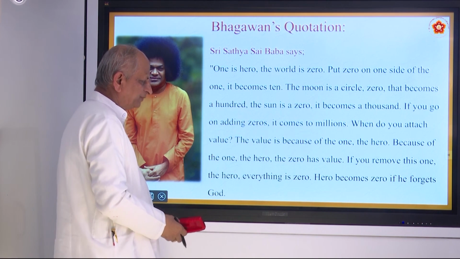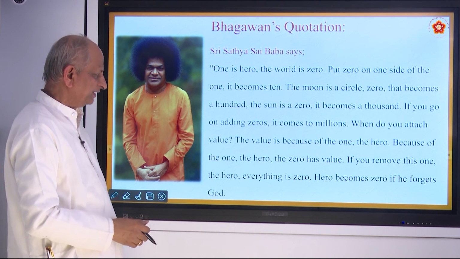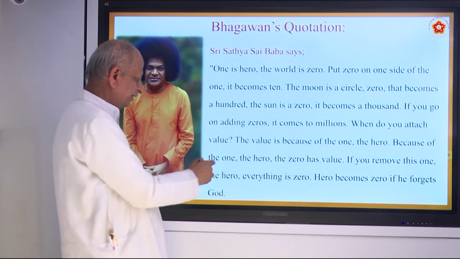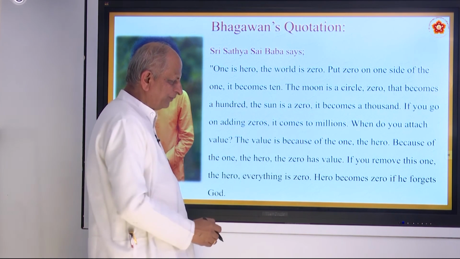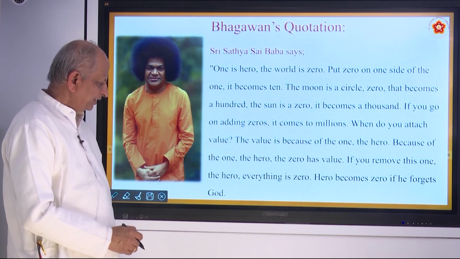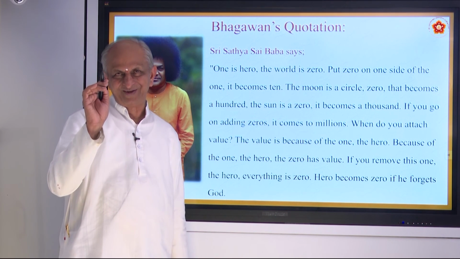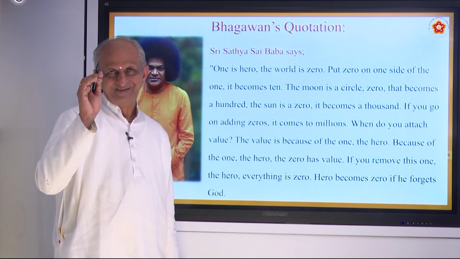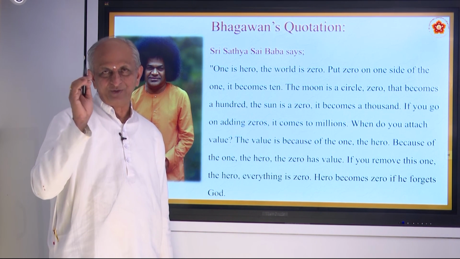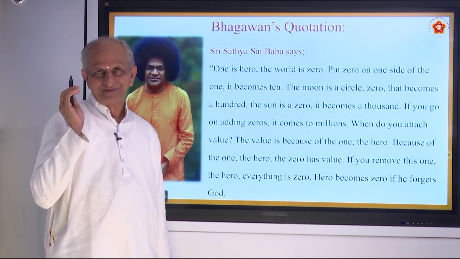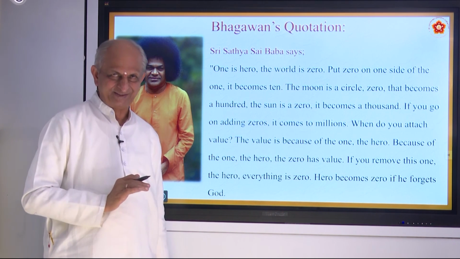If you remove this 1, the hero, everything is 0. Hero becomes 0 if he forgets God. So, don't forget God. Baba says, you should not forget God. Don't believe the world, and don't fear death, he says.